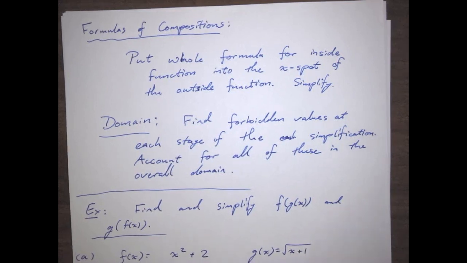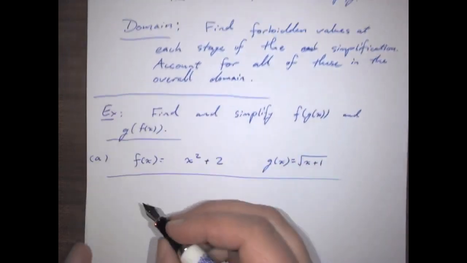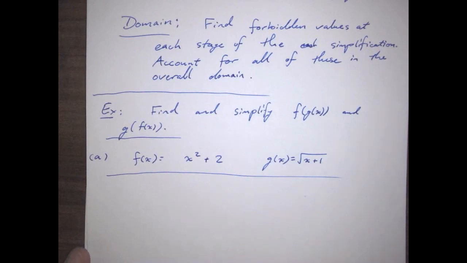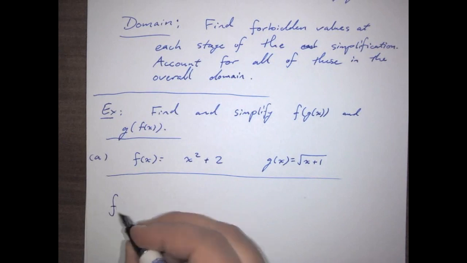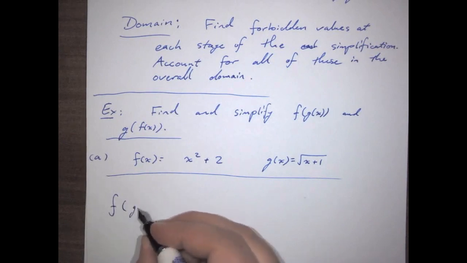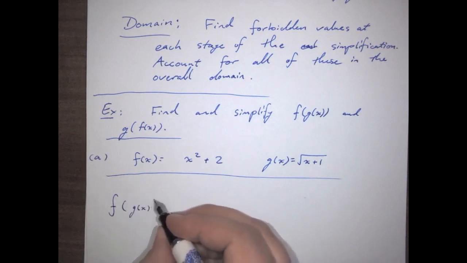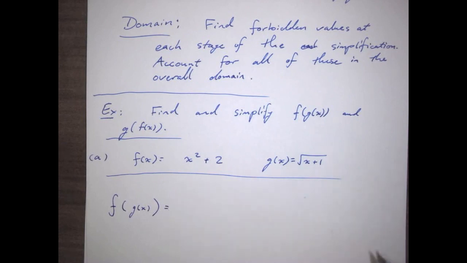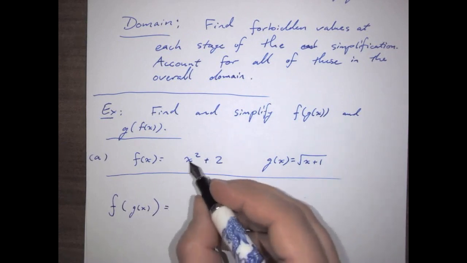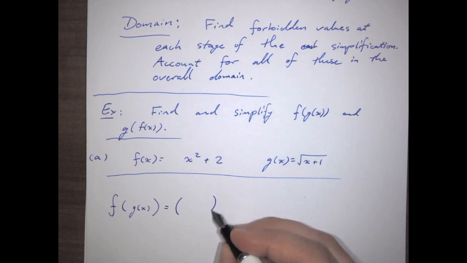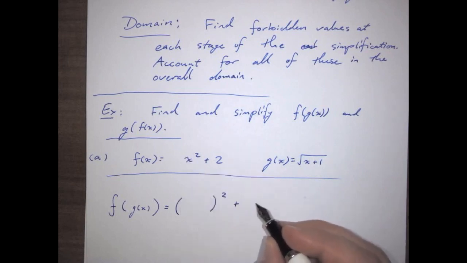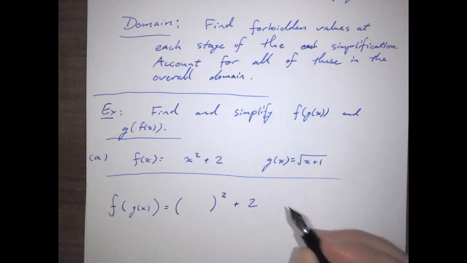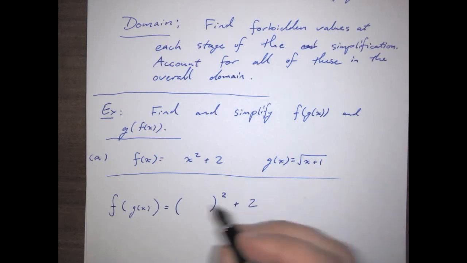So now let's look at the two things that we're supposed to find here. One is f of g of x, and the other is g of f of x. So f of g of x. What that's saying is, we take the formula for f, and instead of where there was originally an x, we put the formula for g.